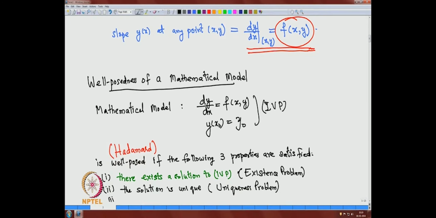And the third property of a well-posed problem is that the solution's behavior changes continuously with respect to the initial condition.